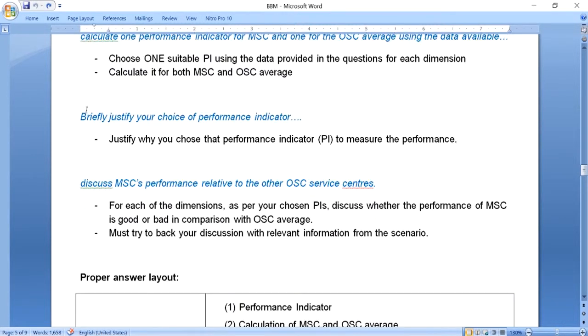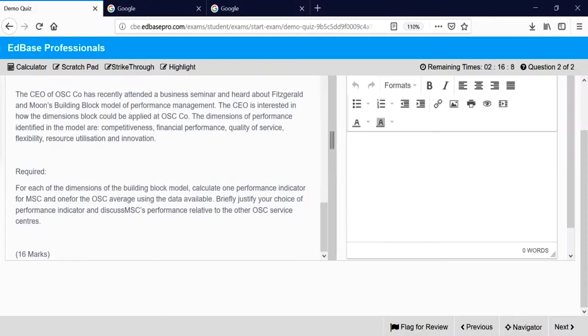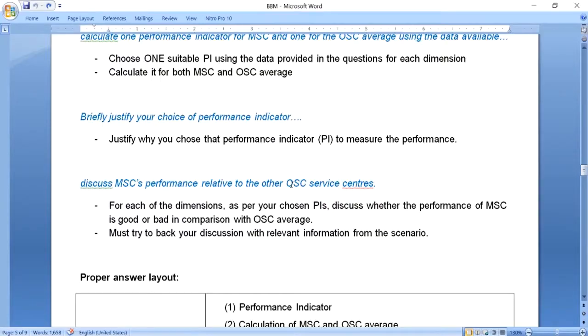Now here we have the next part: briefly justify your choice of performance indicators. Sometimes candidates miss this bit, which says we have to justify why we chose those measures. For example, for financial measurement, you can choose sales growth or gross profit margin, but we have to justify why we have chosen that indicator.